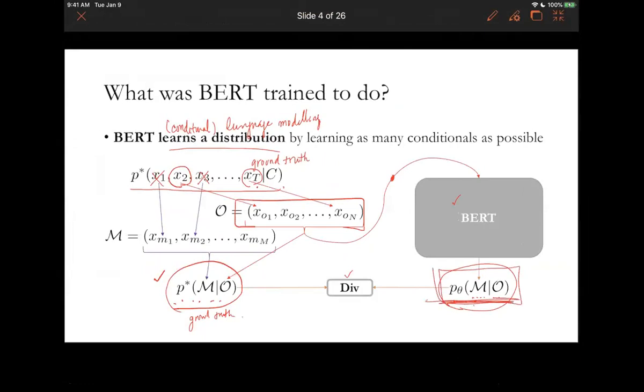How we are training BERT is to be able to compute this conditional distribution as well as possible. Then the question is, when we have access to all those conditional distributions, and there are a lot of them, in fact an exponential number of them, right? What is the right way to use these conditional distributions to generate a sequence from BERT?